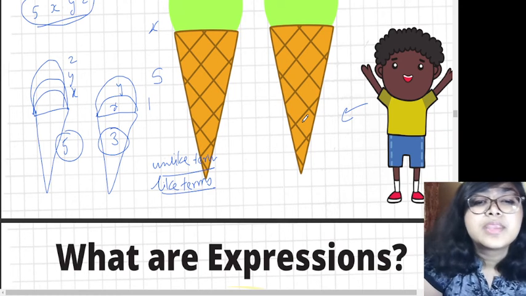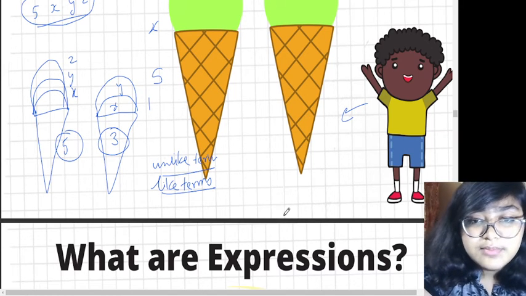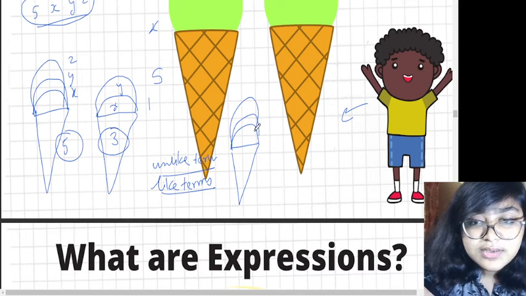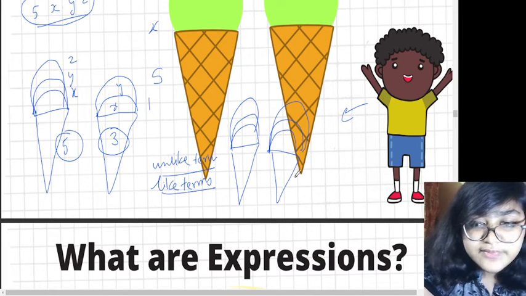So basically in this example, you have seen that this is not a like term, and suppose the ice cream shopkeeper gave you the exact same scoop. Same ice cream, like you had 3 scoops on your ice cream, now he has given you 3 scoops. So now you are satisfied, like okay, this is exactly the same.